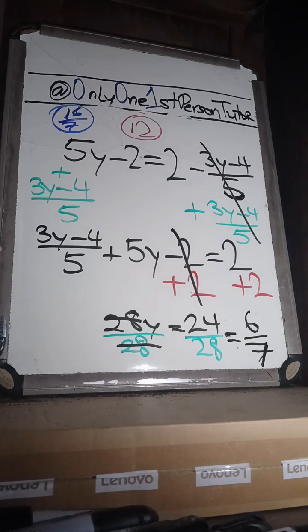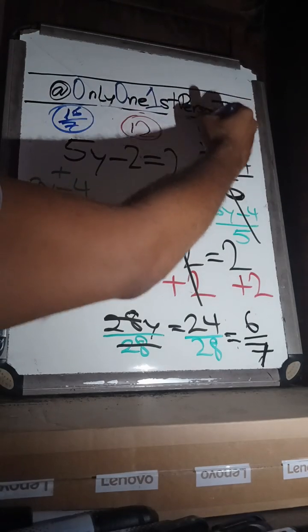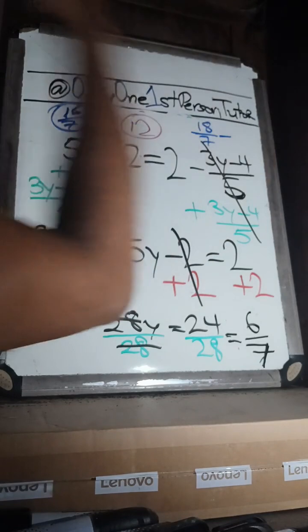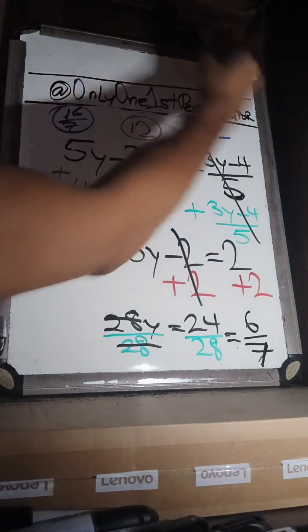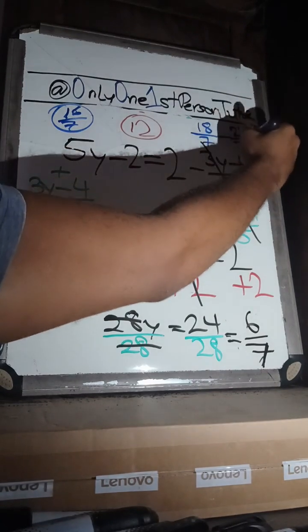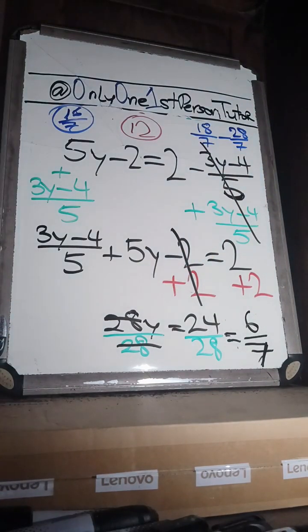Let me write it. Next thing you know, I'm going to make a mistake. We have 18 over 7 minus... 'cause if I multiply 6 over 7 by 3, I get 18 over 7. Right?